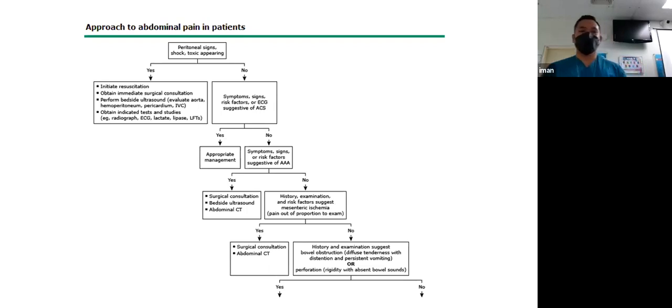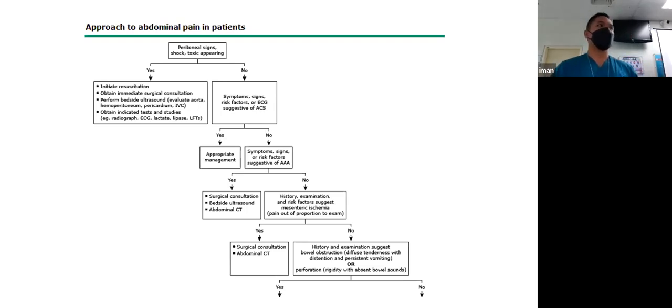And if the AAA has ruptured and the patient is hemodynamically unstable, you might worry because of a possible ruptured AAA. The risk factors for rupture are usually old age, smoking, hypertension, and also female sex has a higher chance of AAA in a few studies.